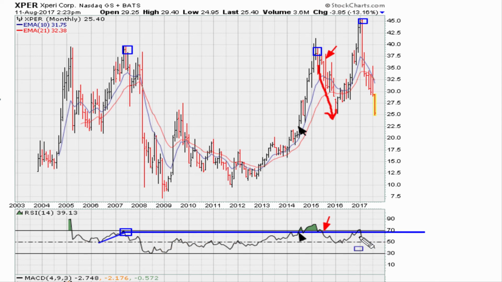Then we can see that in late 2016, early 2017, we go above the line and back below it with uniform action. That becomes the most recent sell signal, and since then the stock has seen a major drop.